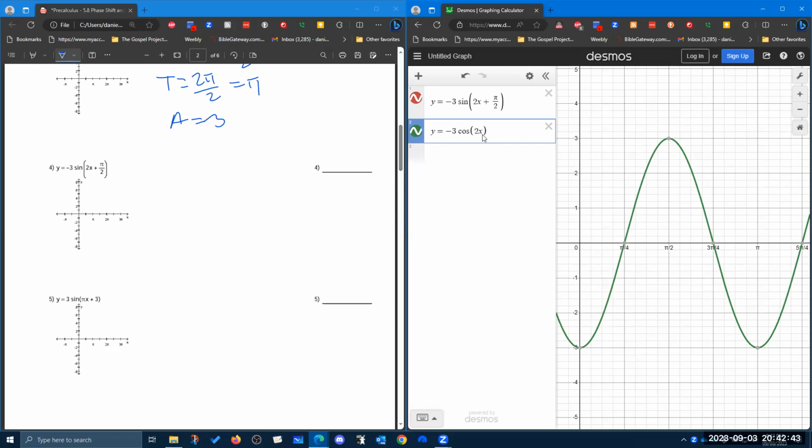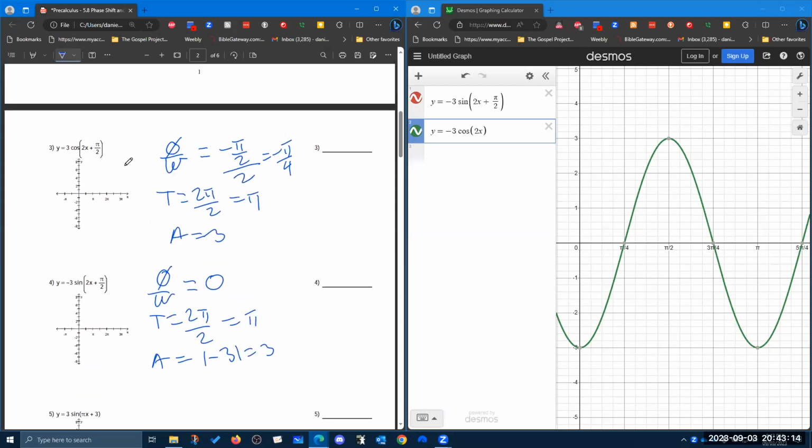So I could say, if I were looking at this as the cosine graph here, which is really the simpler one to look at, that my phi over omega is 0, and my period is 2 pi divided by 2 is pi, and my amplitude is absolute value of negative 3 is 3.